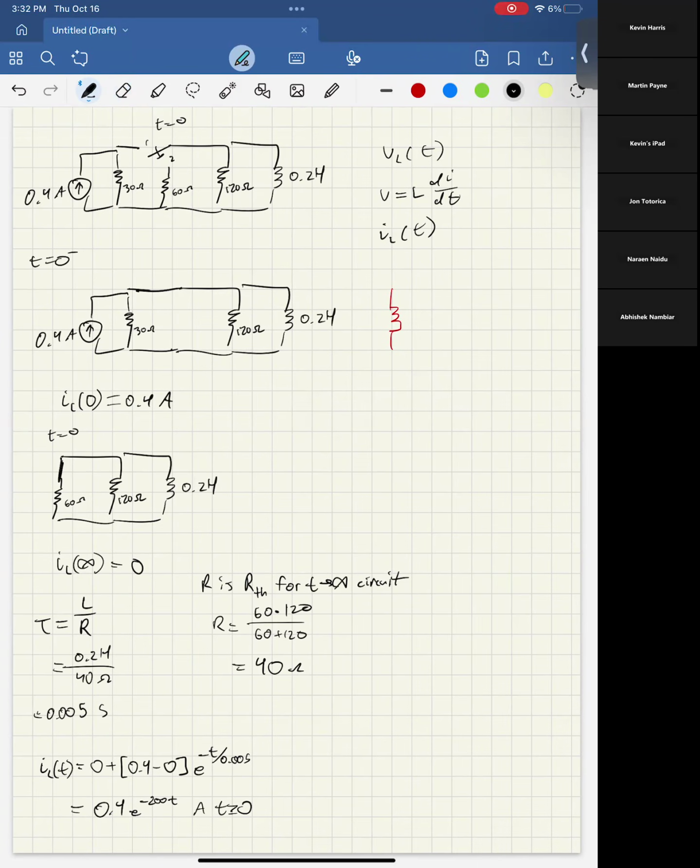Okay, then last but not least, if we're trying to find the voltage of that inductor, we just have to do V equals L di/dt.